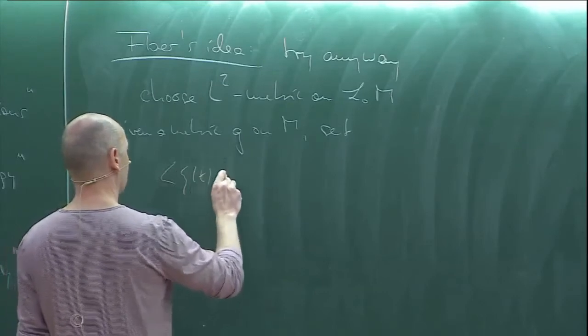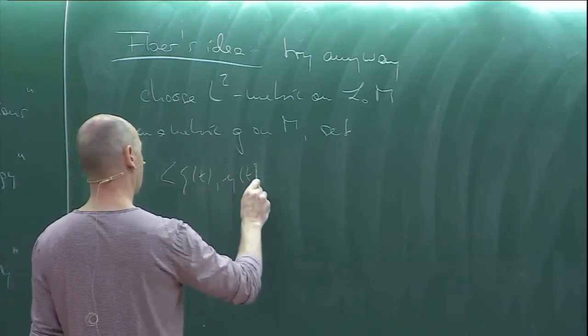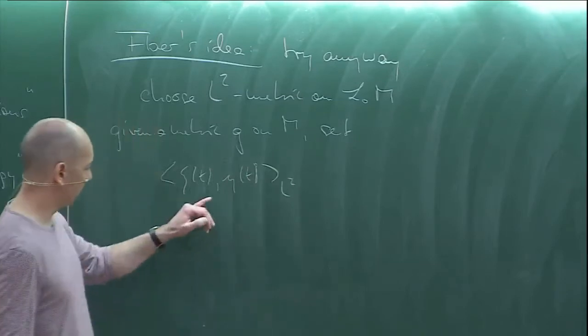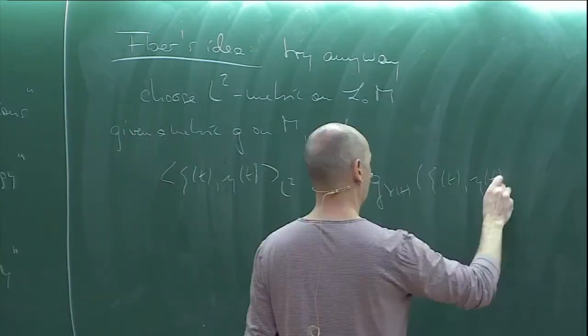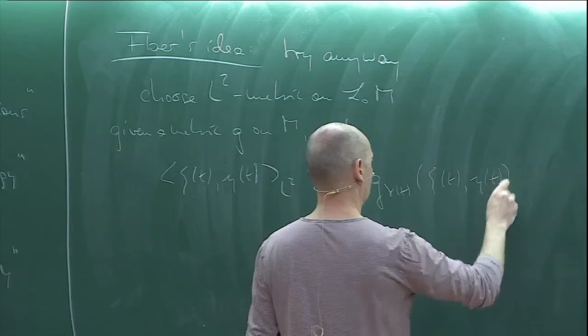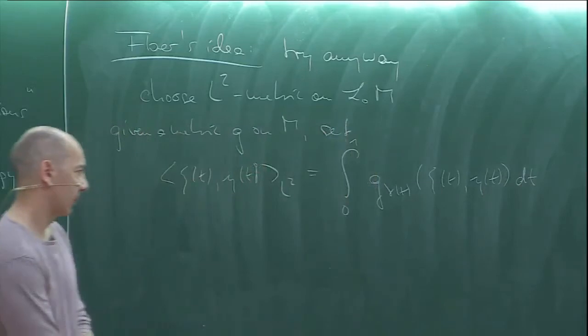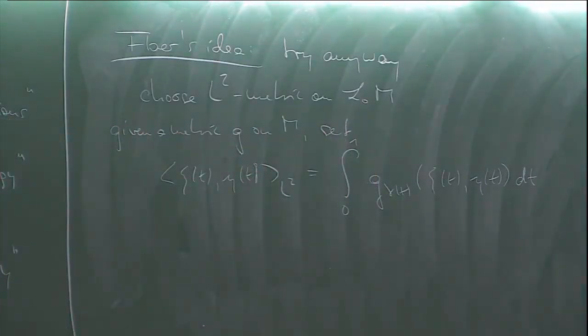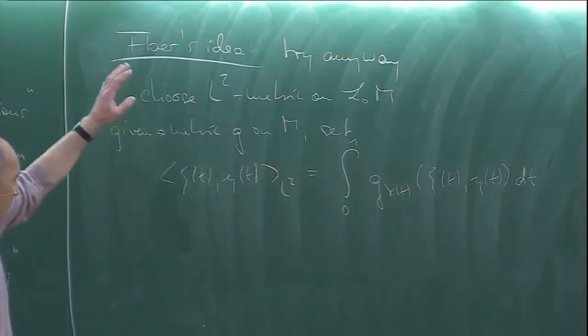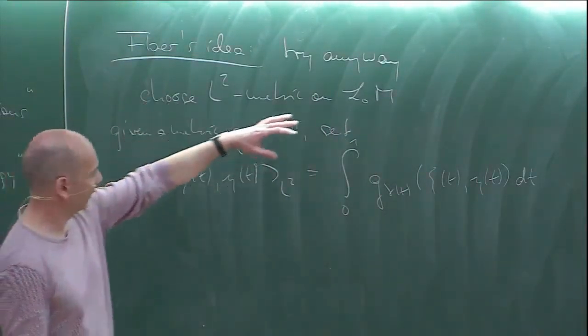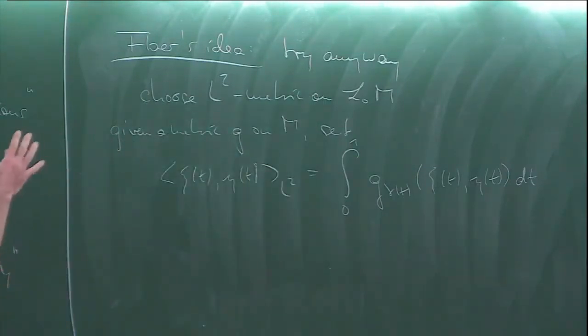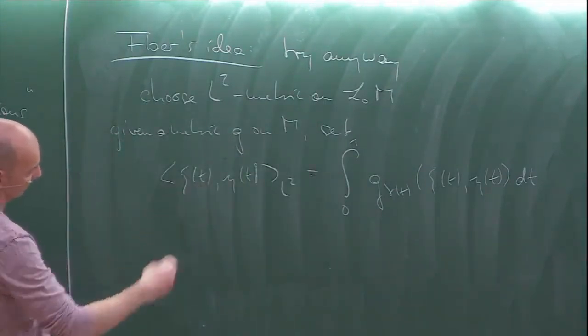So we have two vector fields along some given loop, and the L2 inner product of these is by definition the integral from 0 to 1 of G at gamma of t of ξ(t), β(t) dt, right? That's the L2 inner product. That's reasonably non-degenerate, except for the fact that you're working on an infinite dimensional space, so you have completeness issues, but that's reasonable enough.